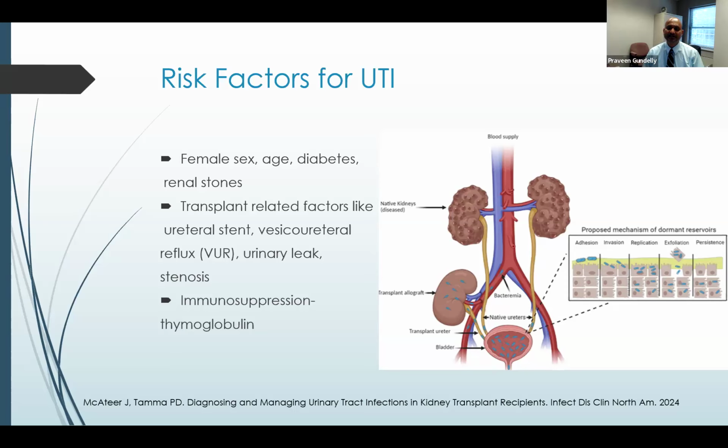But presence of a stent by itself can predispose the patients to infection. Fortunately, the stent is most often removed within the first 4 to 6 weeks. So that risk factor is eliminated in a lot of patients, except a few patients who might still need a stent or a nephrostomy tube because of hydronephrosis, stenosis, or atonic bladder.